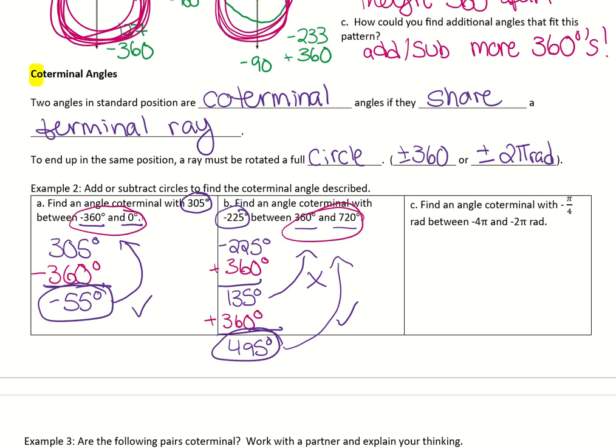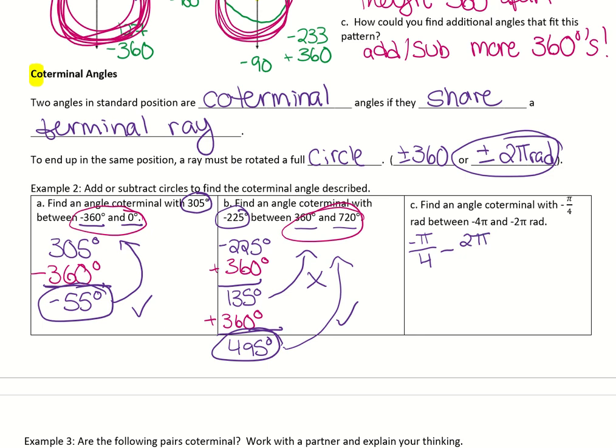All right, this last one says, find an angle coterminal with negative pi over 4 between negative 4 pi and negative 2 pi radians. So what do we do here? Adding and subtracting a circle, in this case, looks like using 2 pi radians. So we're going to start with negative pi over 4, and we are going to subtract a circle.